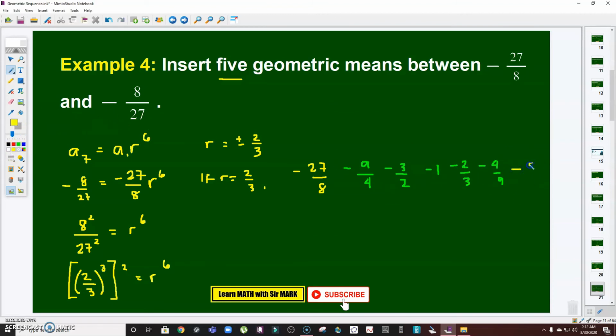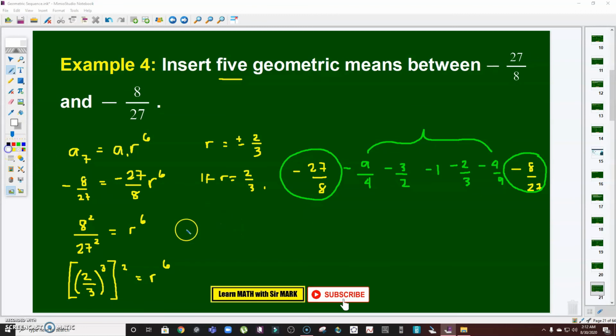Negative 8 over 27. See that? So, once again, these 5 numbers here are the first set of 5 geometric means that we can insert between negative 27 over 8 and negative 8 over 27. That is if r is positive 2/3.